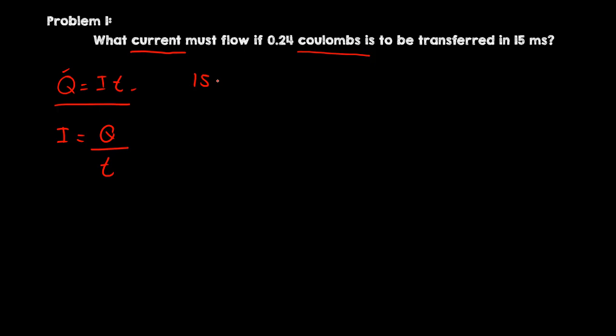15 milliseconds is equals to, since milli is times 10 raised to negative 3, we can say that it is equals to 15 times 10 raised to negative 3 seconds.